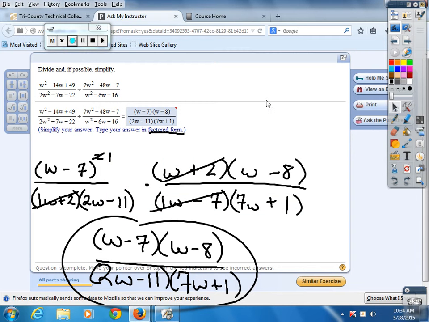But there we go. What did they get? W minus 7, W minus 7, W minus 8, 2W minus 11, 7W plus 1. That is a good test question. Remember, when in doubt, factor. Trinomials are worthless unless you factor them. Now, sometimes they can't be factored.